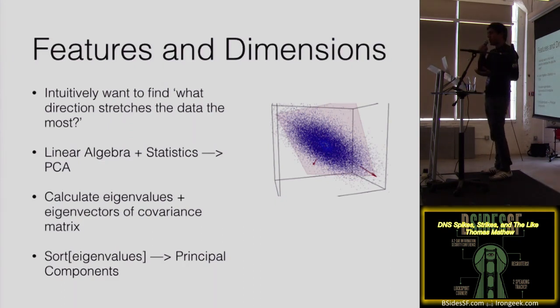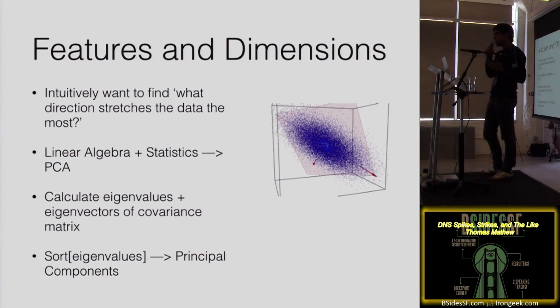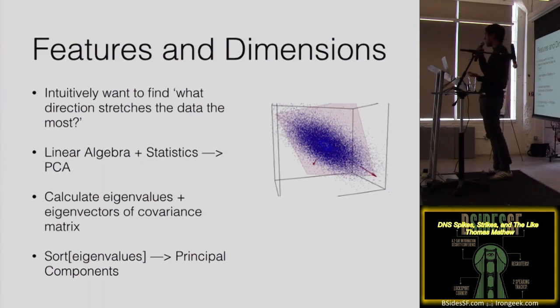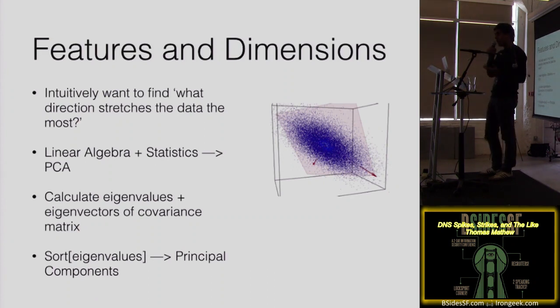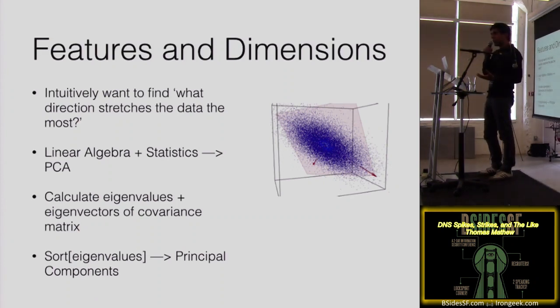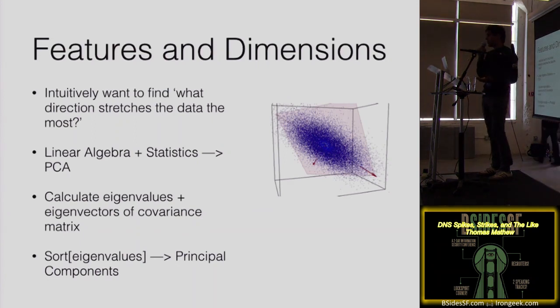So with that in mind, we want to find the most important directions within the data. This can be solved as a linear algebra problem where we think of the data as a giant matrix, and what we're looking for is the covariance matrix of the data. Covariance refers to essentially the change in standard deviation per each dimension.